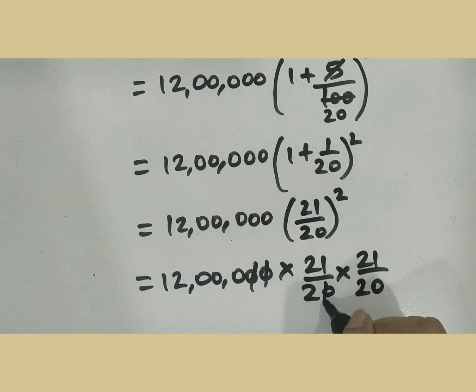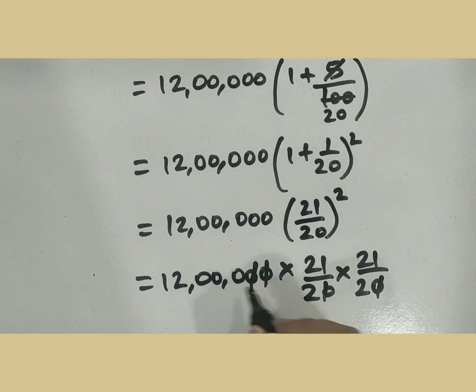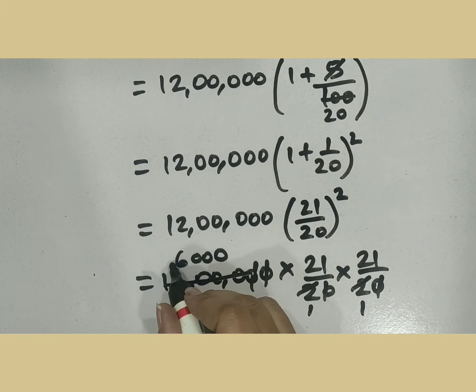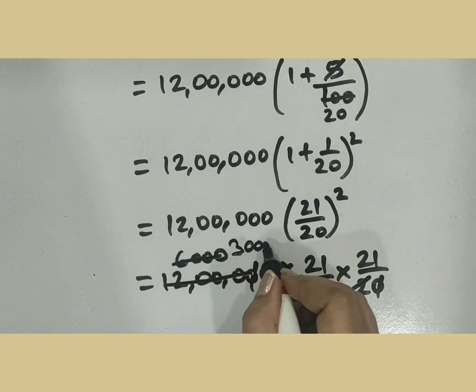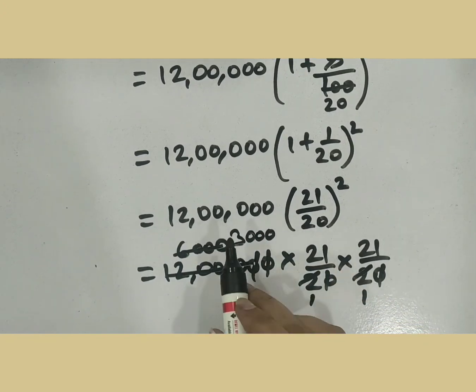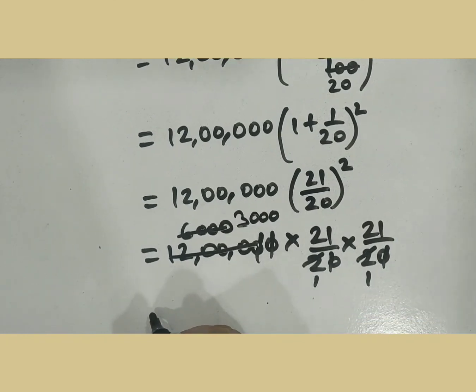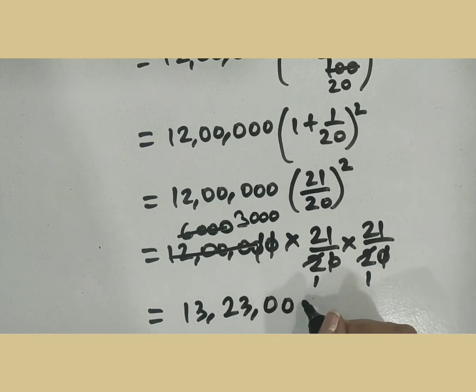Now the zeros will get cancelled. If I divide by 2, 2 ones are 2, here I will get 6,000. Again if I divide by 2, 2 ones are 2, I will get 3,000. Now when I multiply 3,000 with 21 I will get 13,23,000. So this will be the population after 2 years.